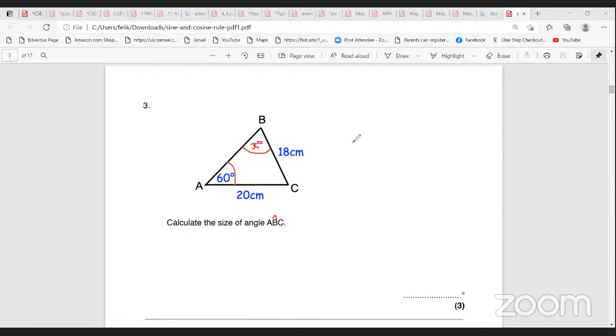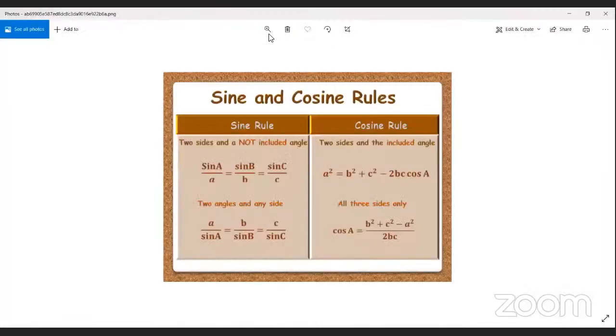The other persons that are here gave you the rule. You weren't here when I showed the rule. There goes the rule again. Take a screenshot.